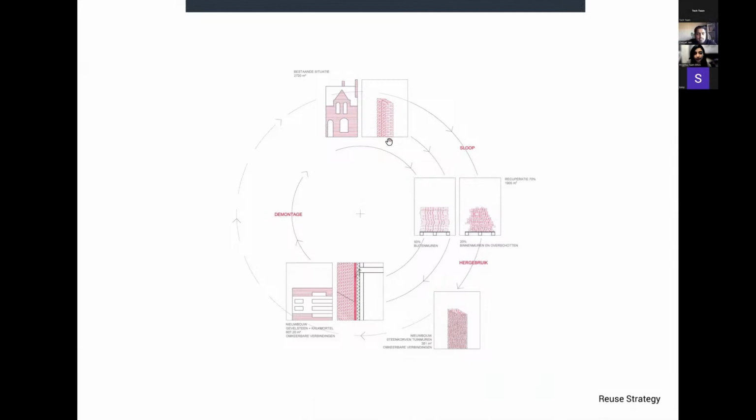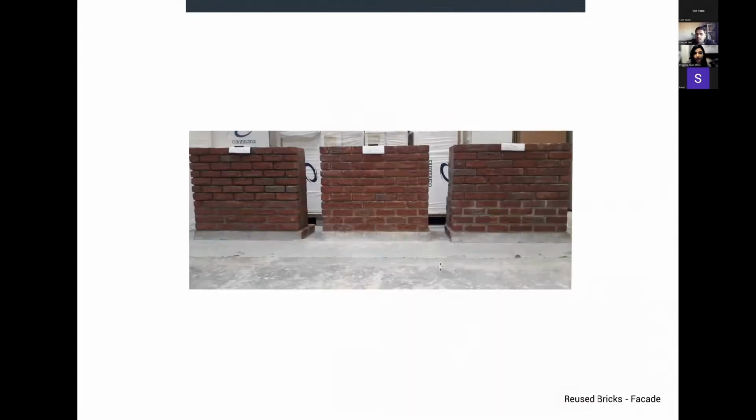In the existing situation, we demolished, we recuperated the bricks and the tiles, we stored them at a place close to the site, and then they were used in gabion walls and the facade itself. To reuse these bricks, we did a lot of testing with different mortars, so that it also allows us to disassemble in the future again if needed.